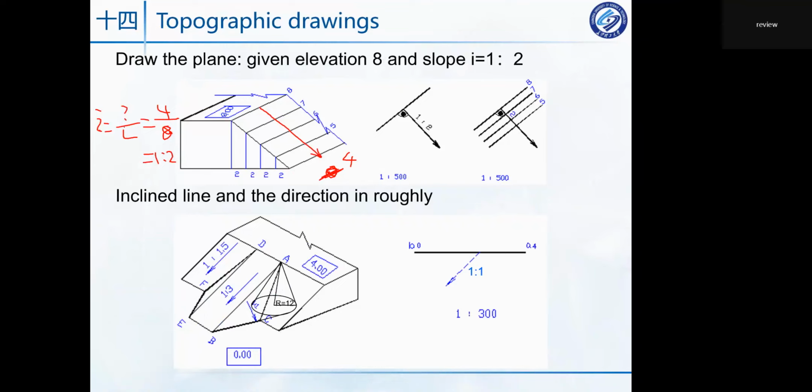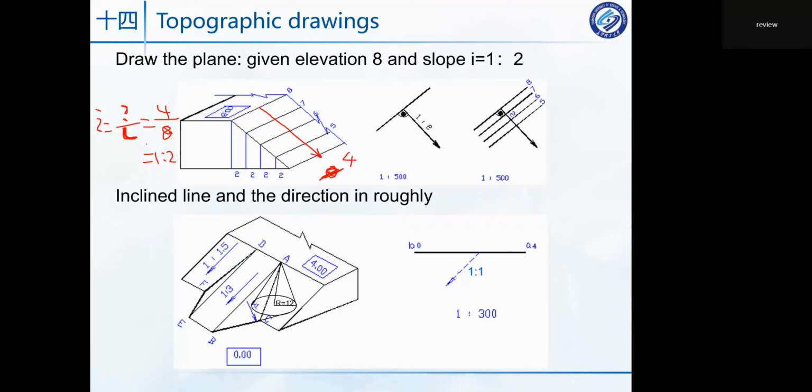But we know the horizontal distance L, and the slope i is given as 1 to 2. So can we calculate this one?